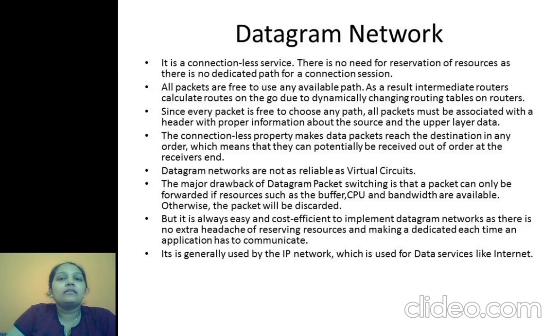Datagram networks are not so reliable because data moves freely in the network. The major drawback of datagram packet switching is that packets can only be forwarded if the resources are free. If resources are not free, then packets are not moved.